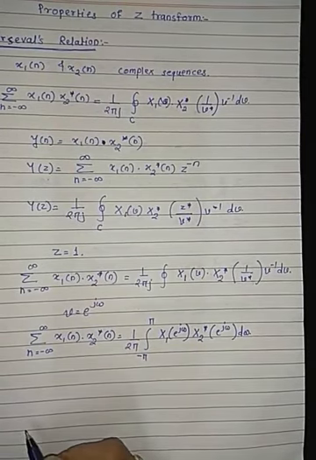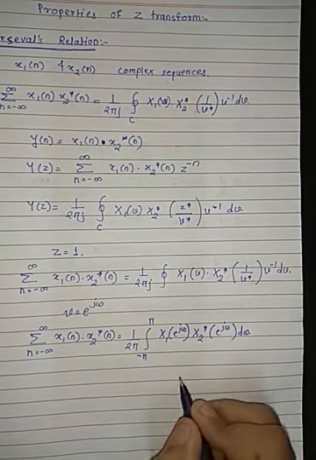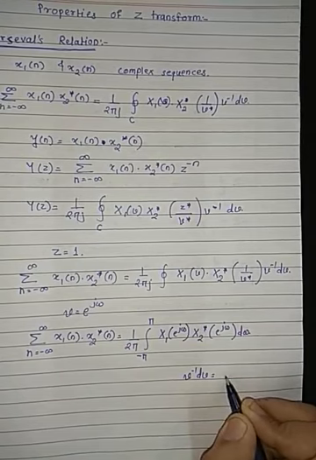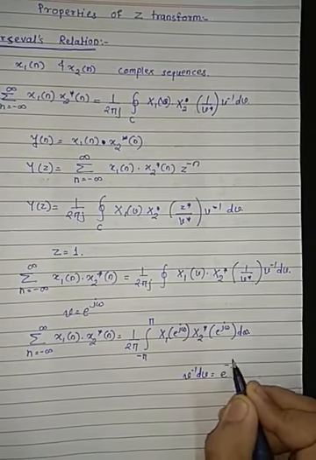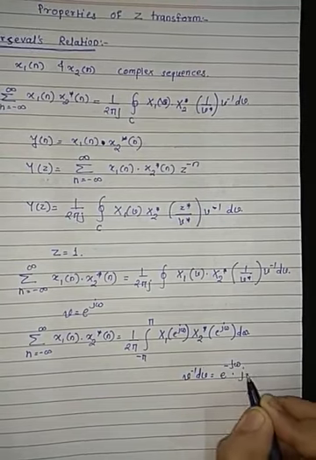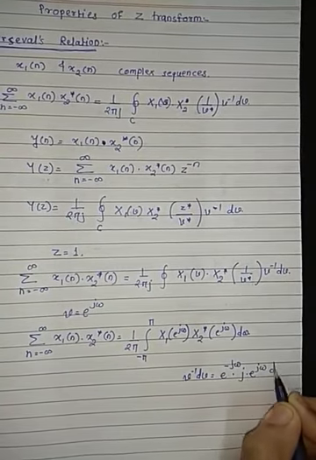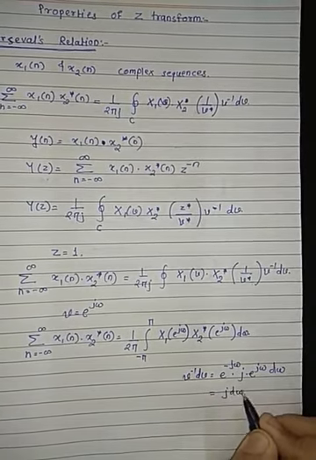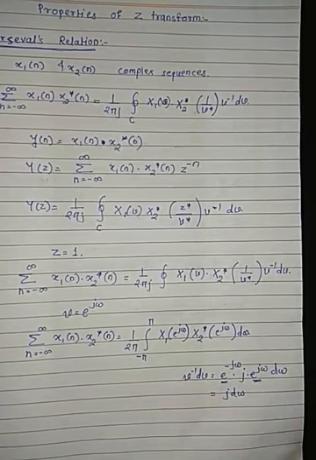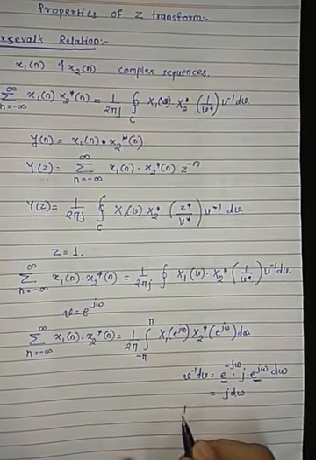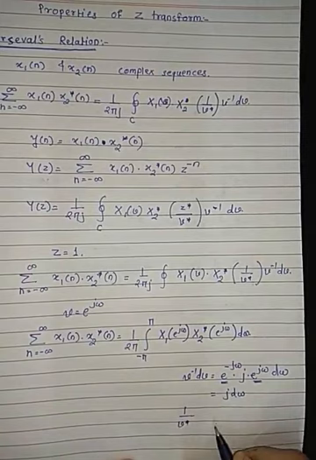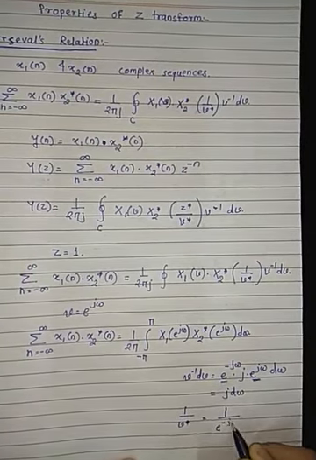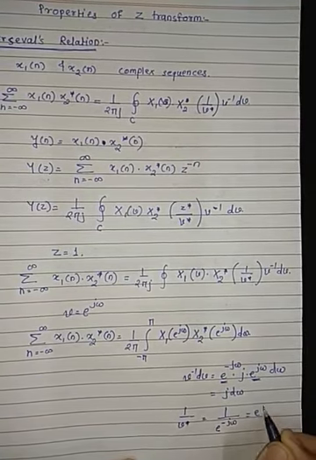Okay, so here what we have done, we know that v raised to minus 1 dv is equal to, replacing the value of v here, it will be e raised to minus j omega into j into e raised to j omega d omega. Okay, so which is equivalent to j d omega, as this multiplication is equivalent to 1. So here 1 upon v complex conjugate is equivalent to 1 upon e raised to minus j omega, which is equal to e raised to j omega.